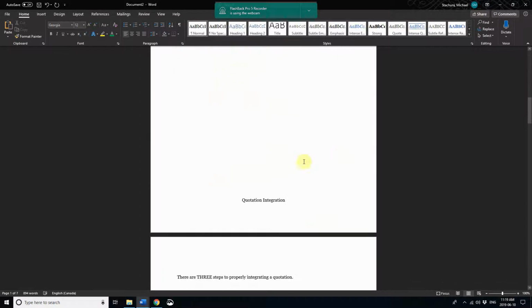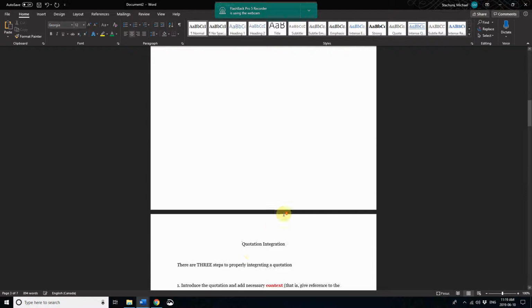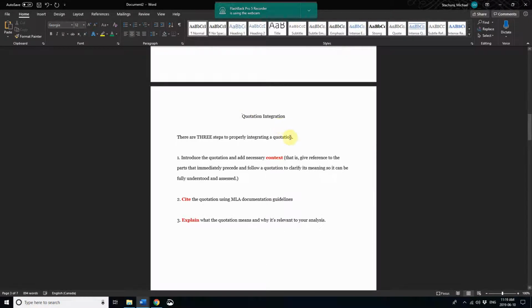The second thing that I want to go through with you is quotation integration. Again, this is another thing that students fall down on. They lose points because they just don't know how to integrate quotations properly. And as I say, there are 3 steps to properly integrating a quotation in your paper.